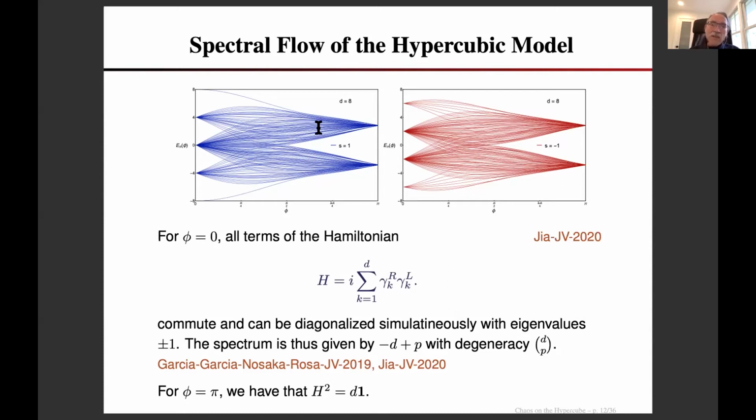We have some understanding of it. While for flux pi, the eigenvalues are exactly equal to plus or minus square root of dimensions, and the reason is that if you look at the trace of the square of the Hamiltonian, the Wilson loops, the 2 pairs corresponding to the Wilson loop exactly cancel.